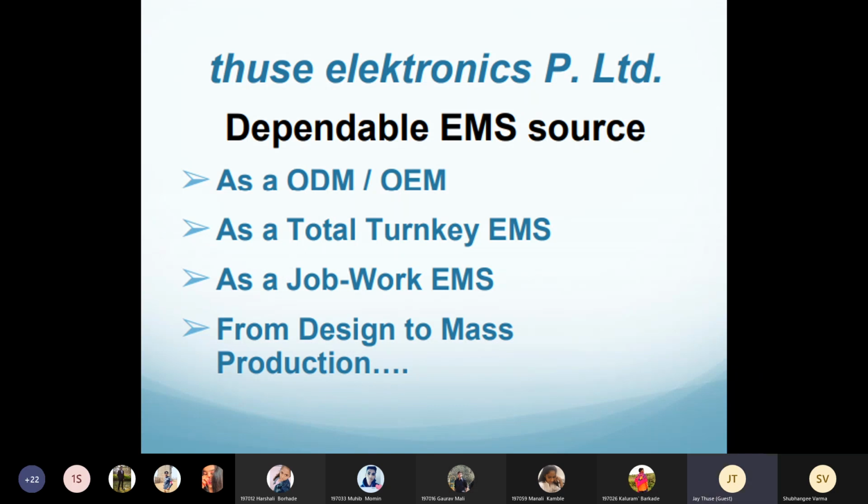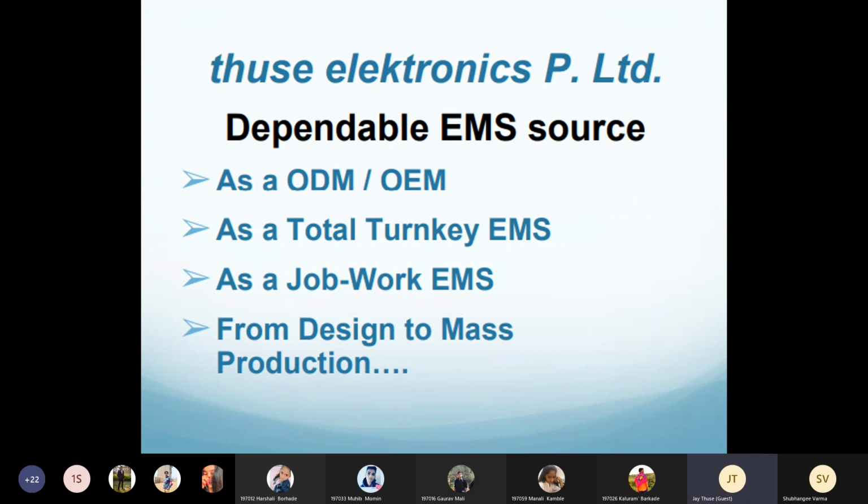Under OEM, the idea is someone else's and the development is already done by them. We just procure the raw materials, do the assembly, and if required, get the testing done. That is the difference between ODM and OEM.